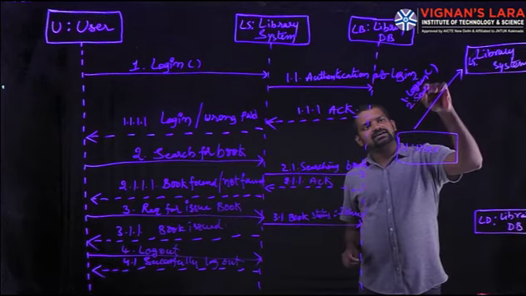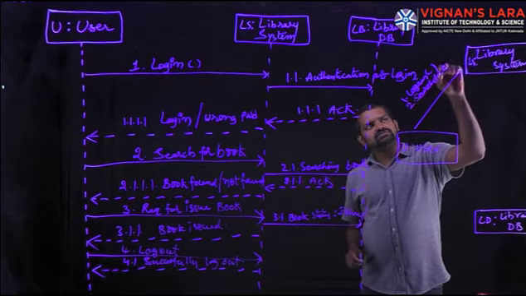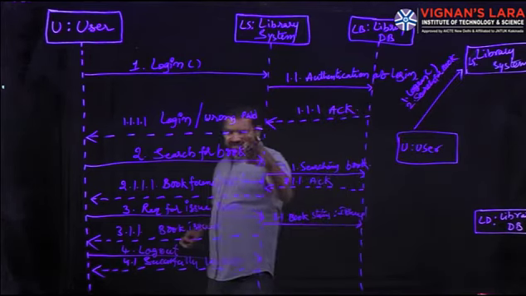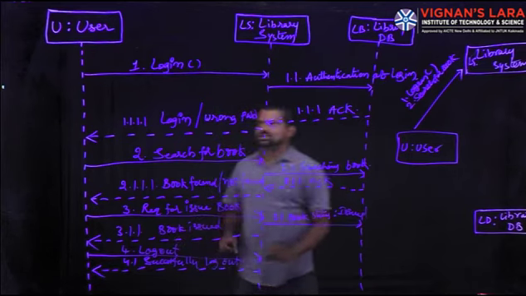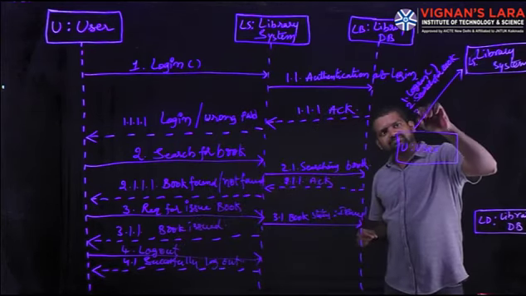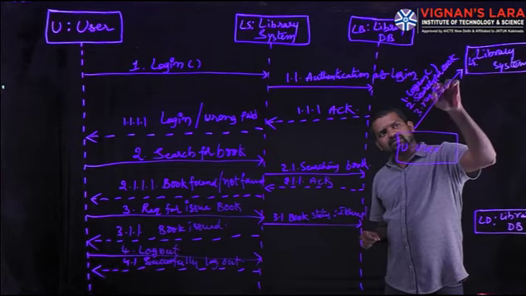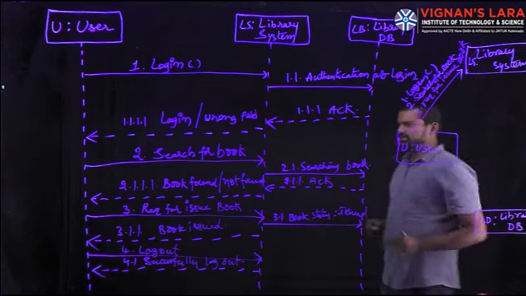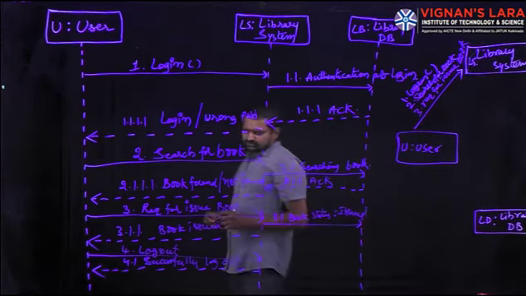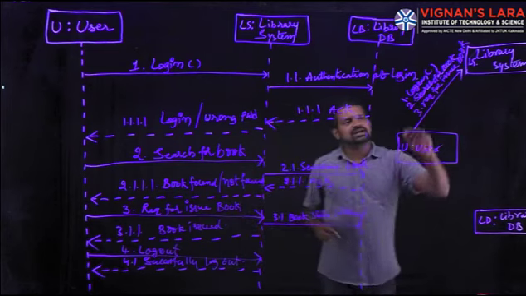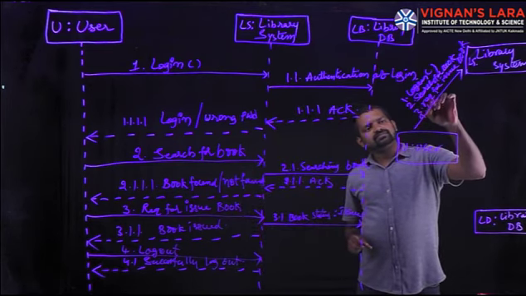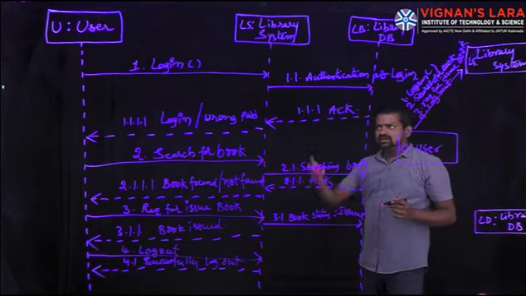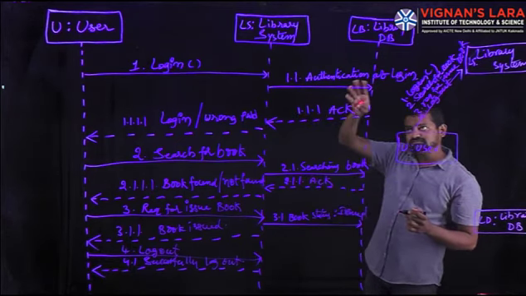Next, request for issue of a book, also from user to library. Third, request for issue book. And next, log out. Fourth one is log out. All are requests given from user to library system.